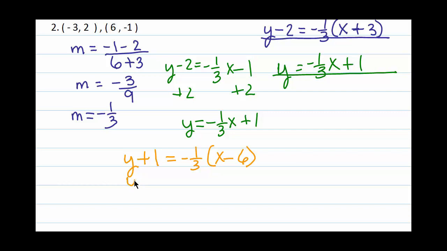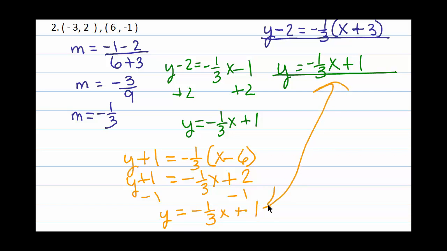So I have y plus 1 equals -1/3 x, right? Negative times a negative is a positive. 1/3 times 6, I'm going to get 2. Subtract 1 from both sides. I still get y equals -1/3 x plus 1, which is what I got right up here. So it doesn't matter which ordered pair you use, you will still get the correct answer.